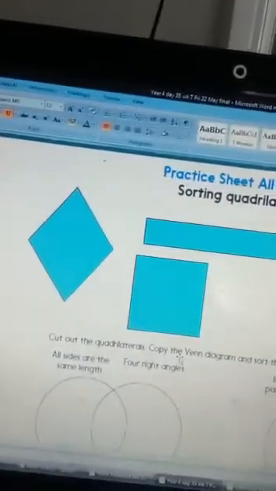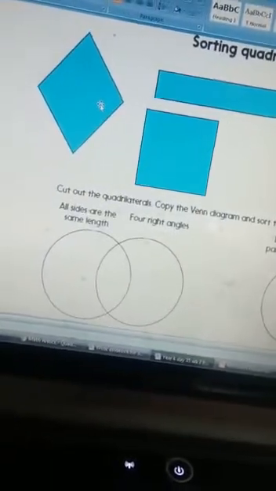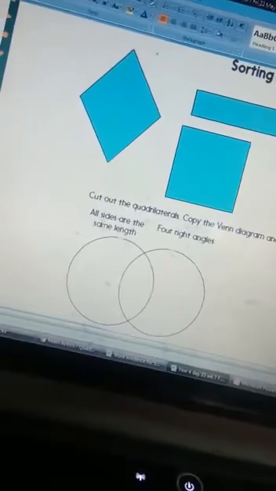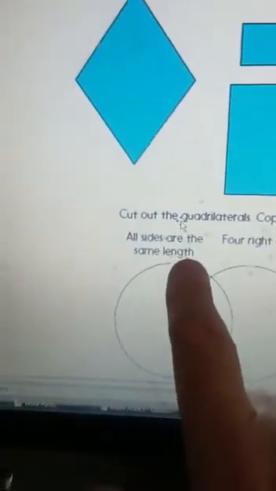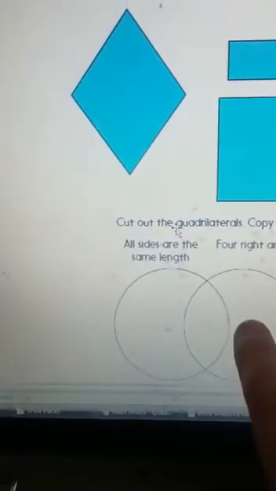Now the practice sheet is for all children to work on. And here you've got 5 quadrilaterals. You can cut them out and draw your own Venn diagrams, or you could just write the names of them or point to them where they should go. So for this Venn diagram, it says all sides are the same length and there, and 4 right angles there.